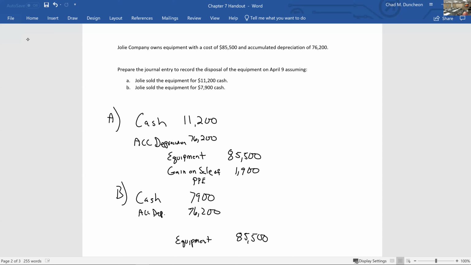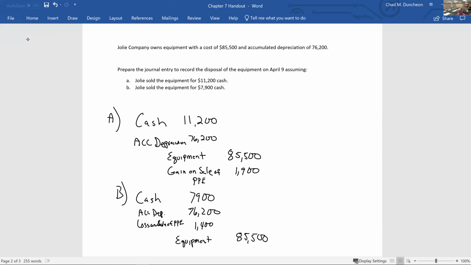Now you see if we add up the left side, we only have 84,100. So in order to make this balance out, we need to put 1,400 more on the debit side to make our journal entry balance. And if we have to make a left side entry, then it is a loss on sale of PP&E instead of a gain.